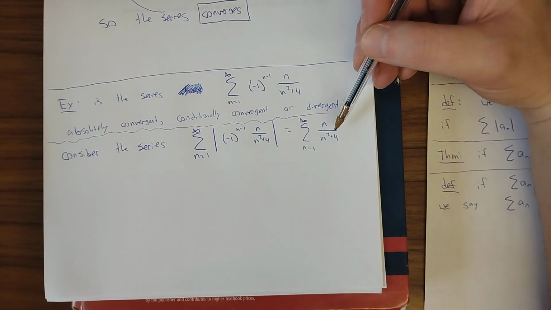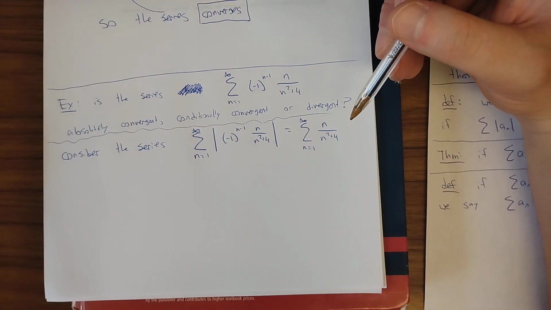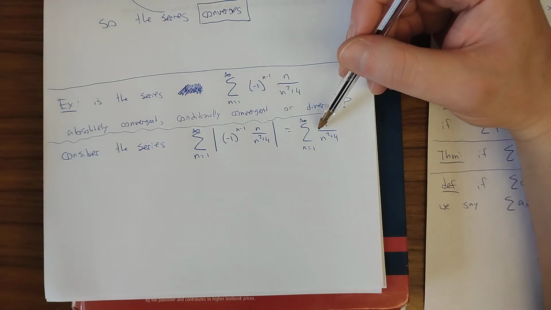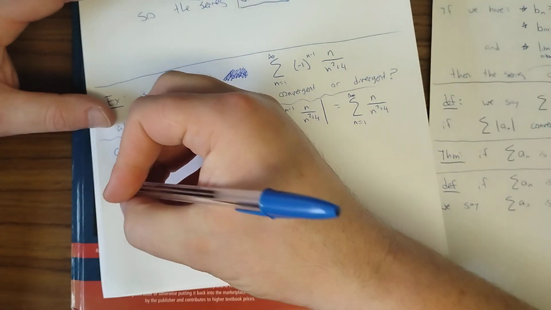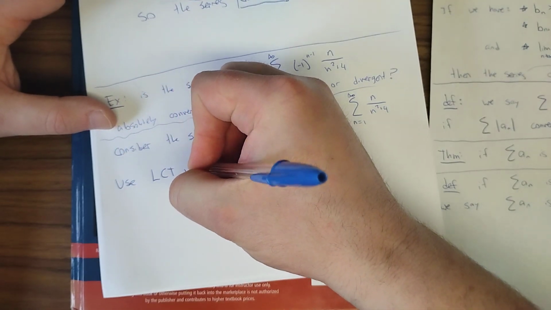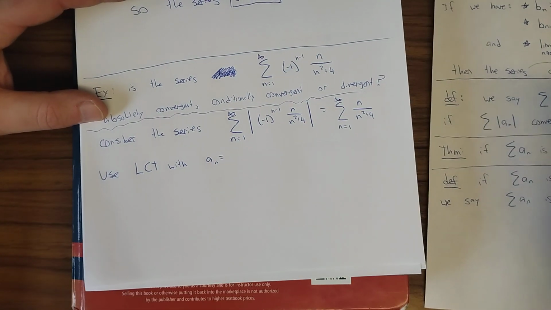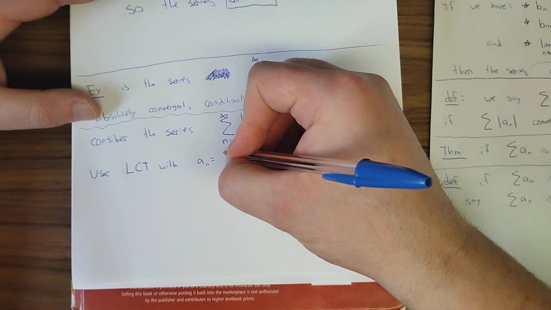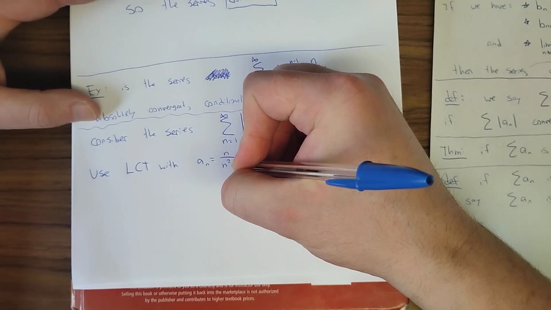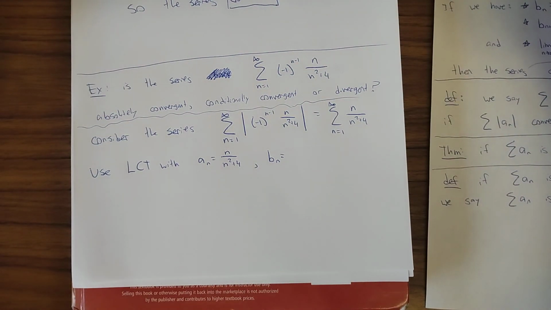Okay, so the question is whether this series converges or diverges. So here's what we're going to do. This looks like I want to use the limit comparison test. For the limit comparison test, we have 2 sequences, a sub n, which I always just make the original, and then there's b sub n, which I call sort of an approximate simplified version.